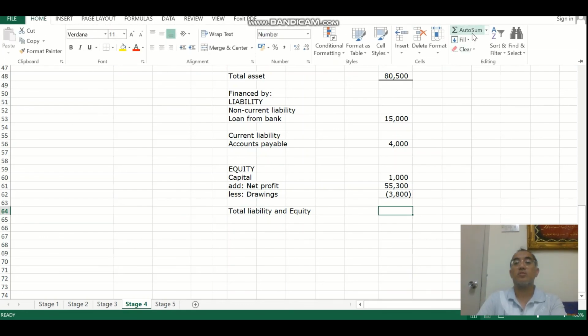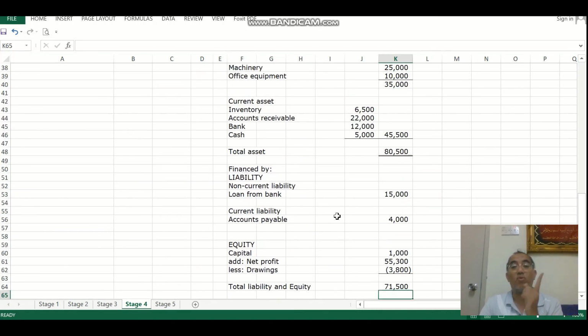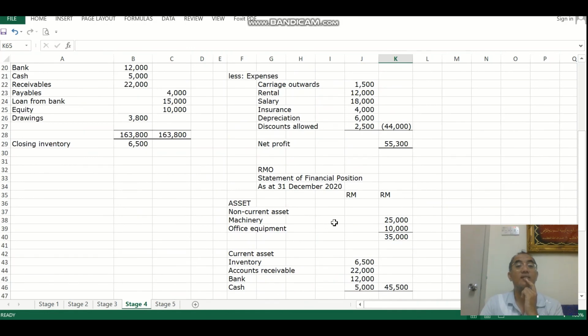So the total will be, I take 15,000 liability plus current liability, add capital, add net profit, minus drawings. I get 71,500. Why is it not balanced? Let us see why it is not balanced. Hmm.